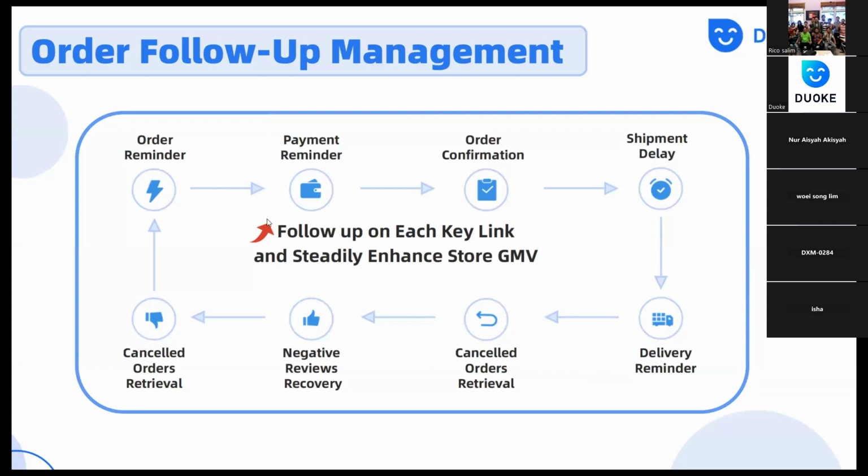As we can see here, corresponding to our orders, we can set a strategy to remind the buyers to pay for the order or to confirm the order. Yes, as we can see here. In the second part, we will introduce each feature in detail.